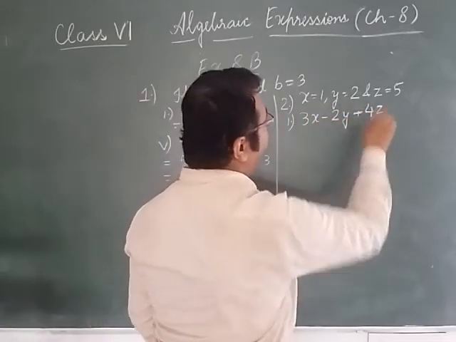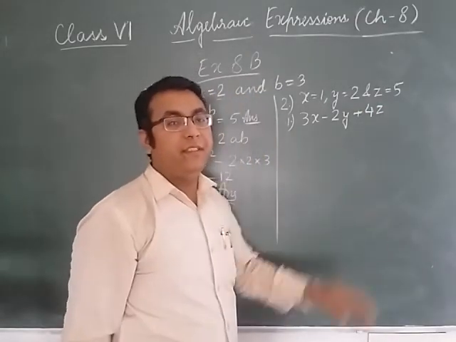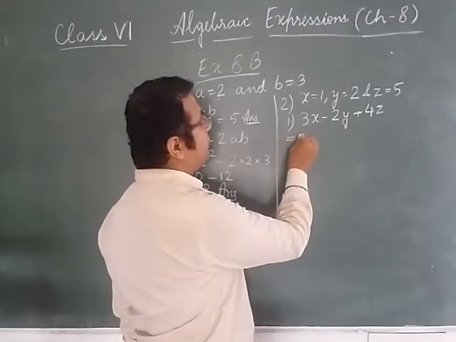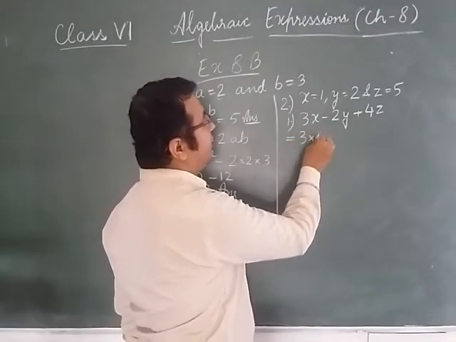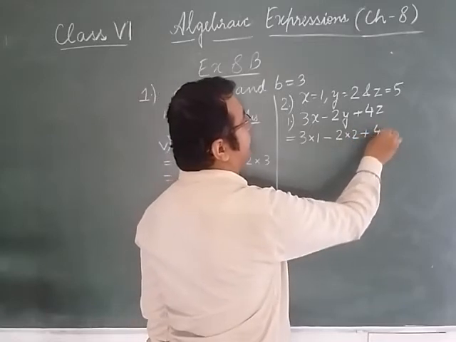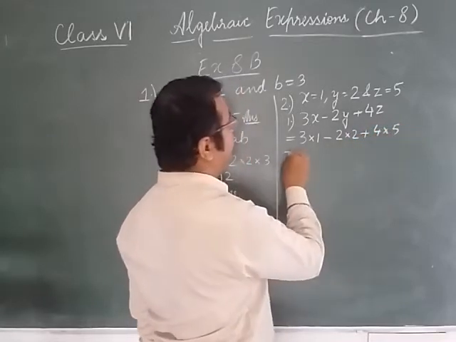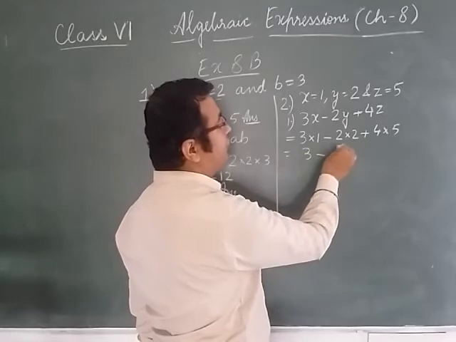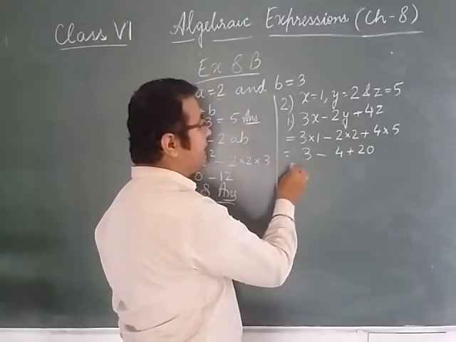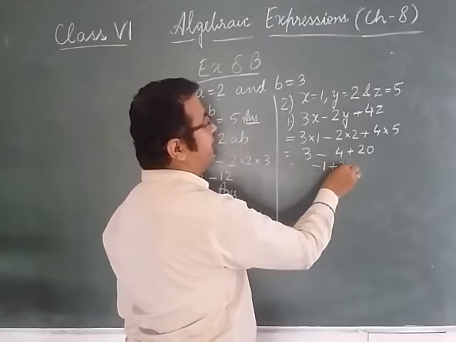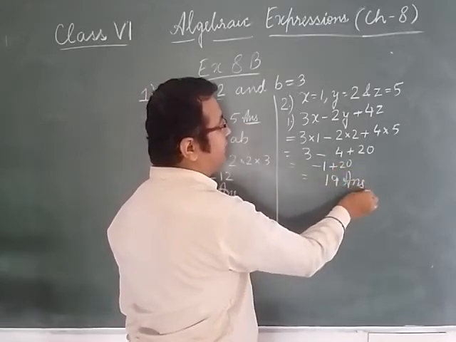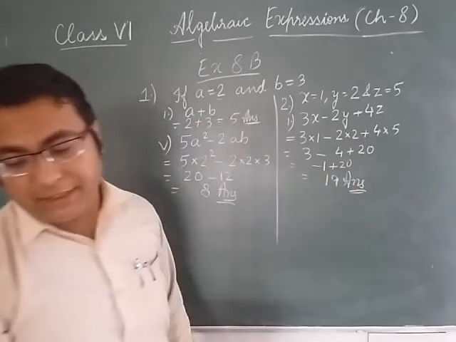We just need to put the values of x, y and z to find the total value of this expression. So let us put the values. x is 1, y is 2, z is 5. So 3 minus 4 plus 20. 3 minus 4 is minus 1, plus 20, which is 19. So the value of this expression after putting the values is 19.